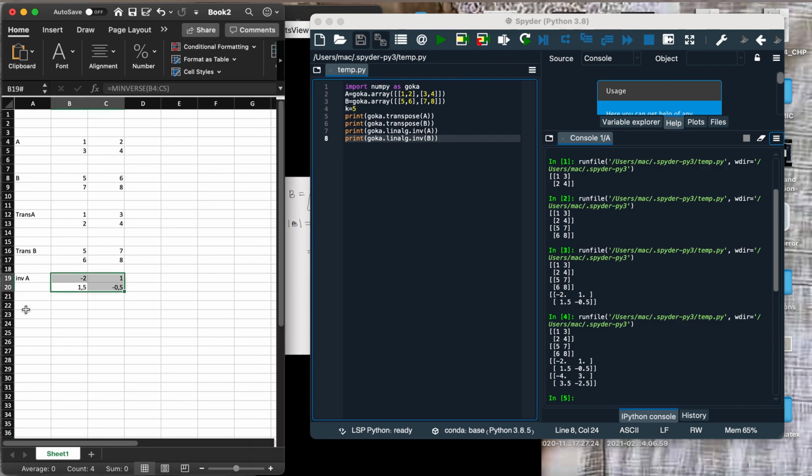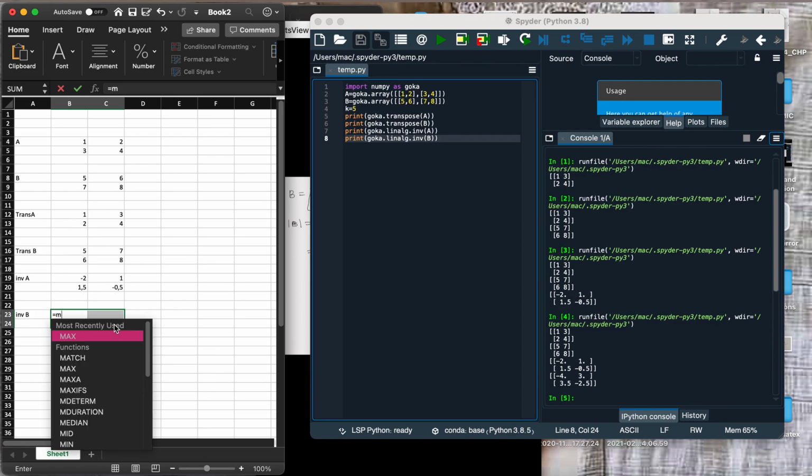Now if we want to find the inverse of matrix B, we do the same thing. Select the area that represents the dimension of your resulting matrix, which is a 2 by 2. Every formula in Excel begins with the equality sign, so equal to, and then we input the function that does the inversion of our matrix for us, which is MINVERSE.